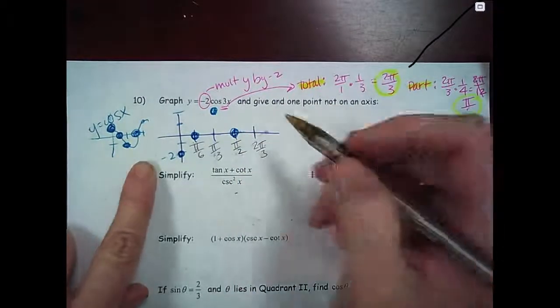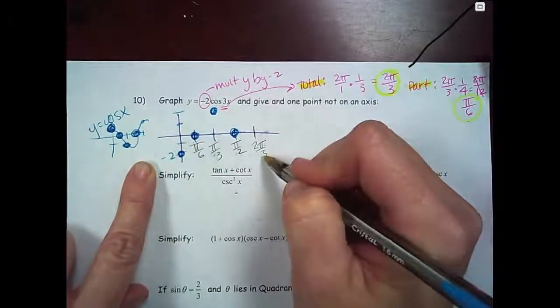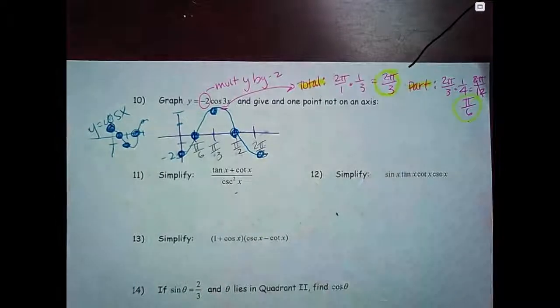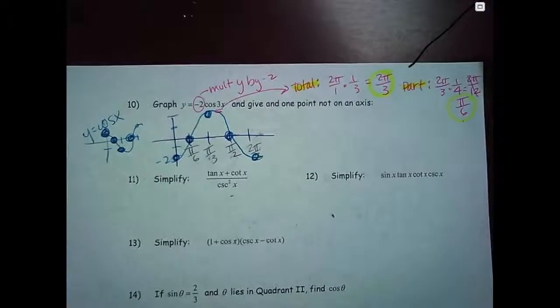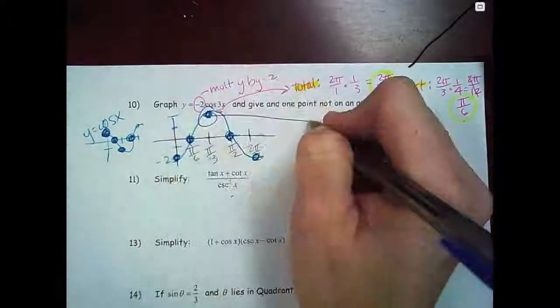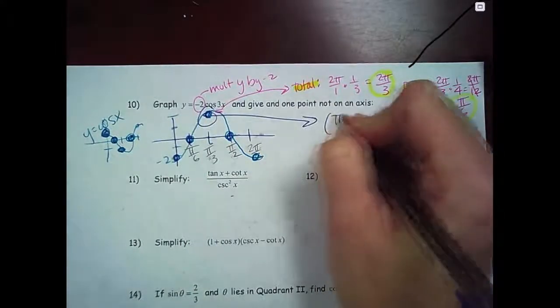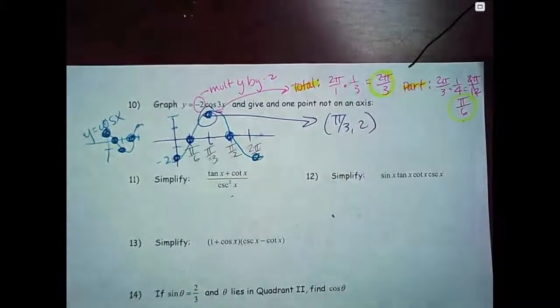And then back down. 1 times -2 is -2. Okay? So now then list a point. You can list this point, for example, that would be over pi over 3 and up 2. It's fine, any point.